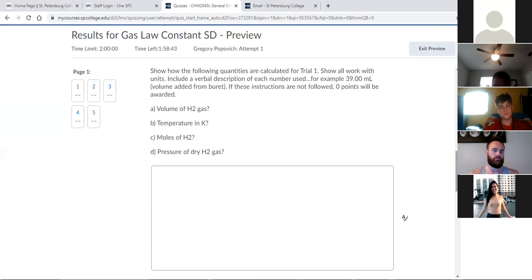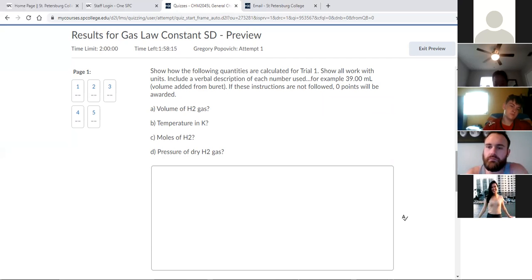Question 3, determine the volume in, all right, guys, I want the volume in liters. Convert the temperature to K. I want you to give me the moles of H, and I want the pressure of the dry H2 gas. By this, they mean the pressure of the hydrogen without the water.